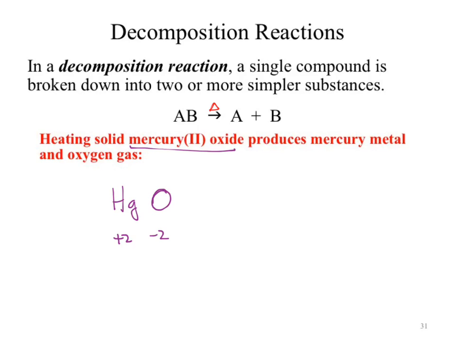No arrow. Not yet. We need to specify the phase. It's a solid. Now we can add our arrow, which is our produces, but we won't add just the arrow. We're going to put the delta because it said heating. Right? What does this produce? Hg.